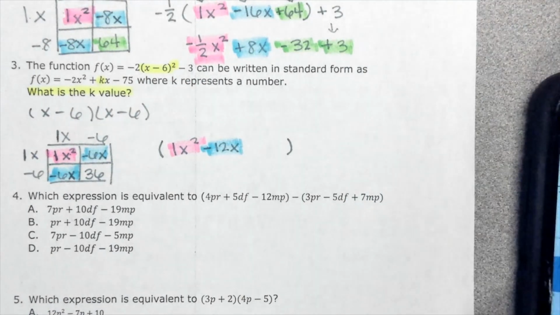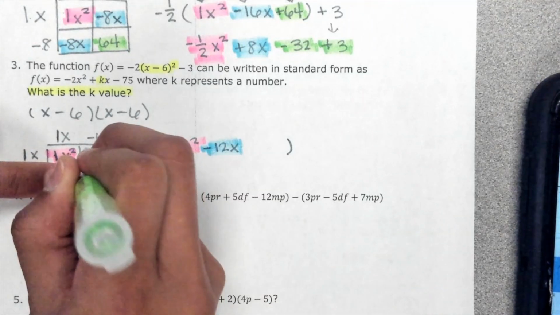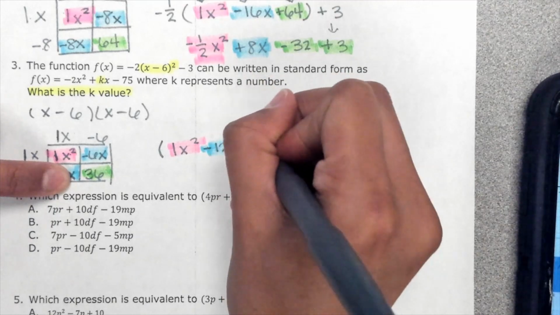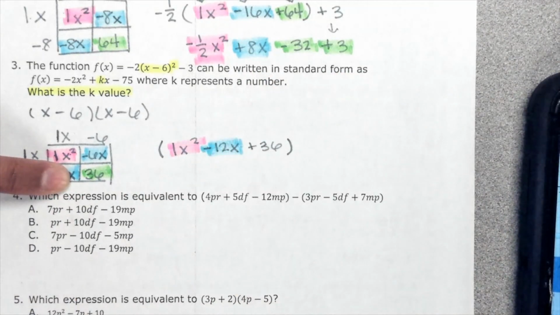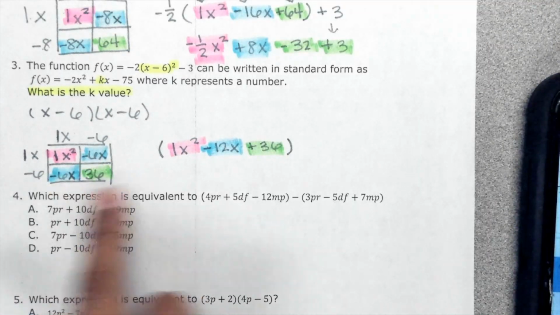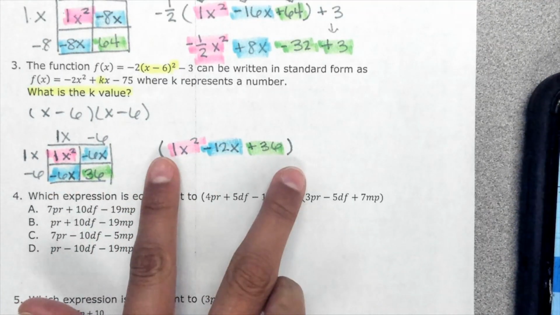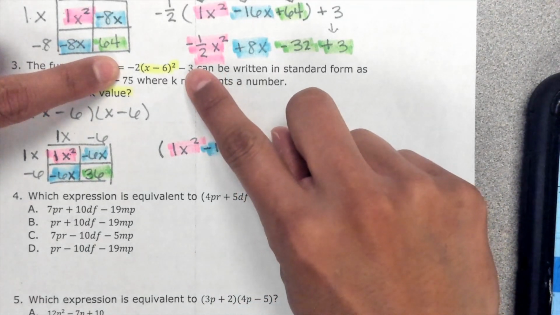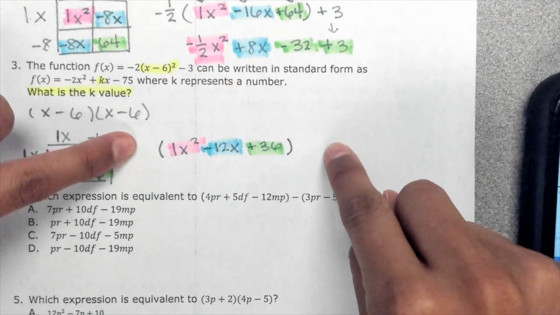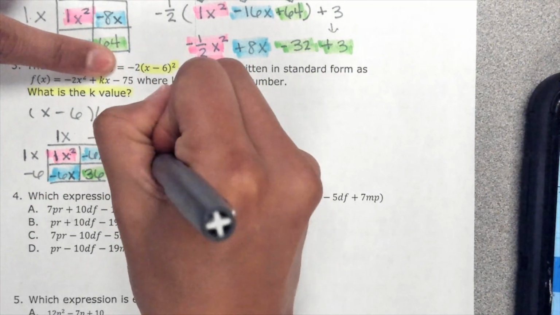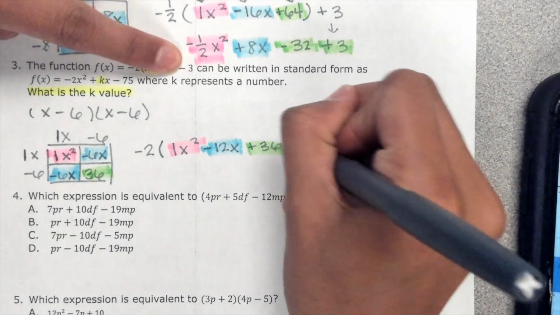And the last term in the last box is by itself, so we're going to do positive 36 over here on the end. Okay? Now that we have all of our terms back in parentheses, we're going to put these numbers back in their place where they were before. So we have a negative 2 out in front, and we have a minus 3 out in the back.